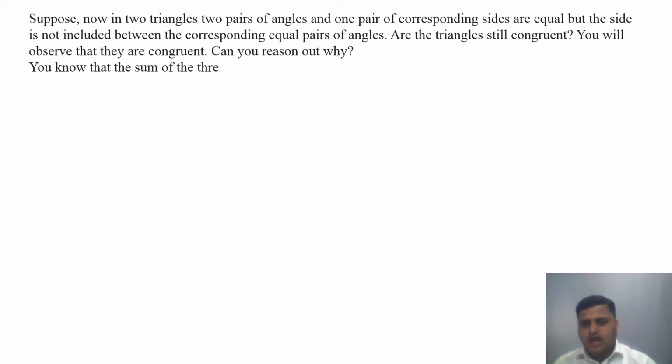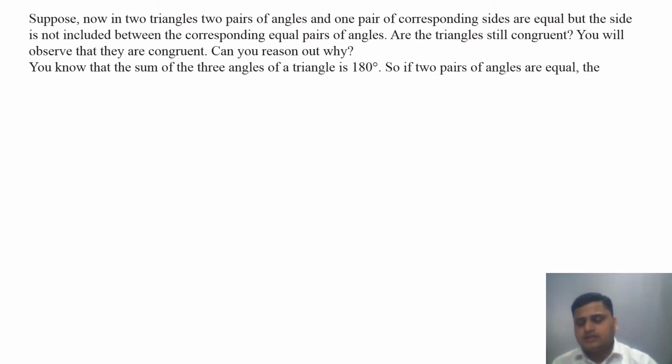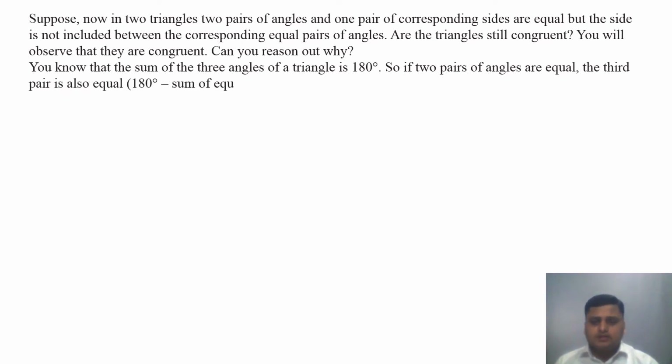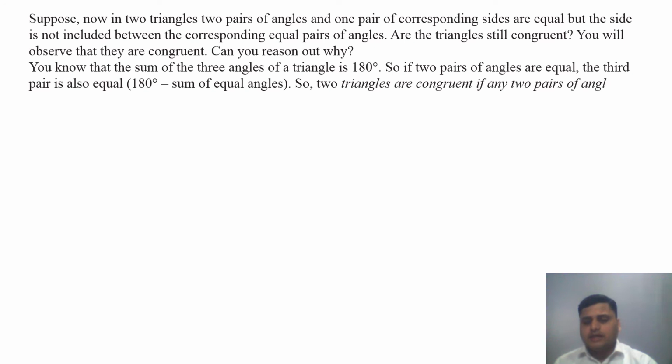Can you reason out why? Anybody? You know that the sum of three angles of a triangle is equal to how much? 180 degree. So if two pairs of angles are equal, the third pair of angles is equal to 180 minus the sum of the equal angles.